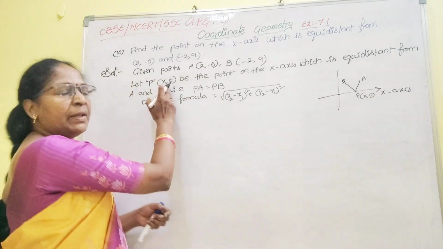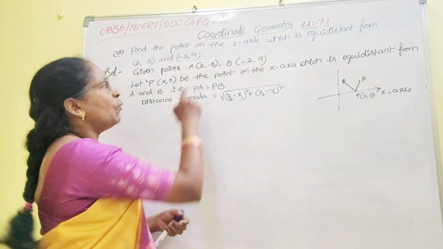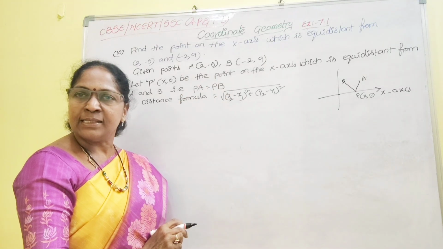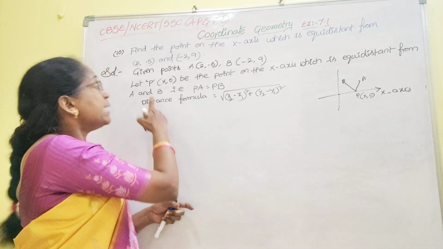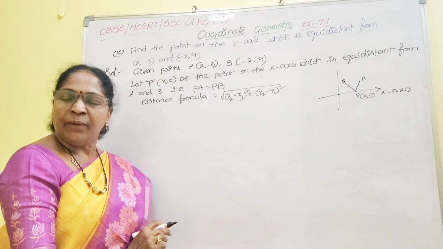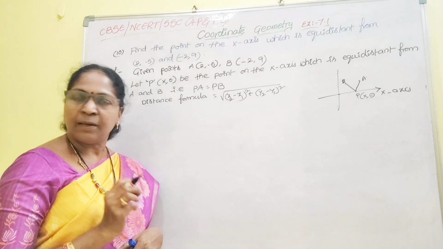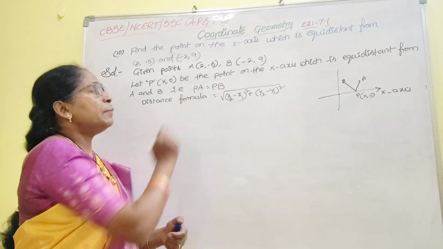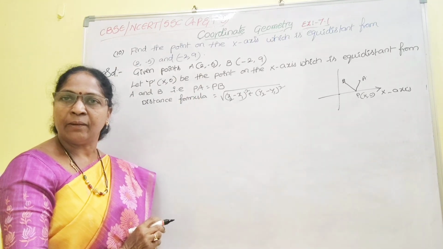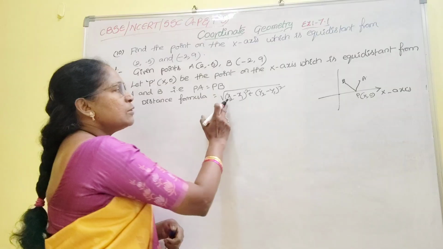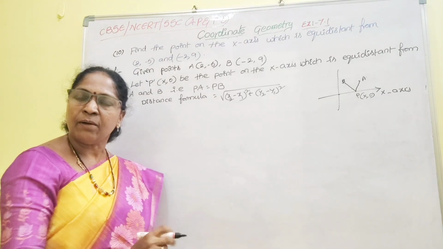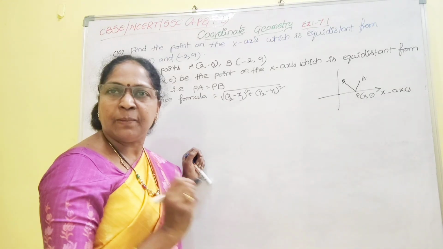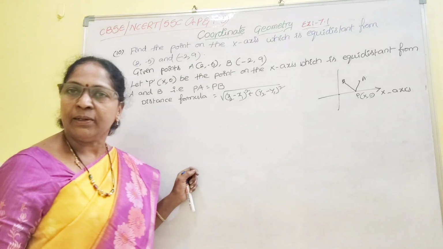Now here let P, x comma 0, be the point on the x-axis which is equidistant from A and B points. Whenever it is equidistant, that is nothing but PA equals PB. Now distance of PA and distance of PB you have to find out. Apply the distance formula, which is square root of (x2 minus x1) whole square plus (y2 minus y1) whole square.